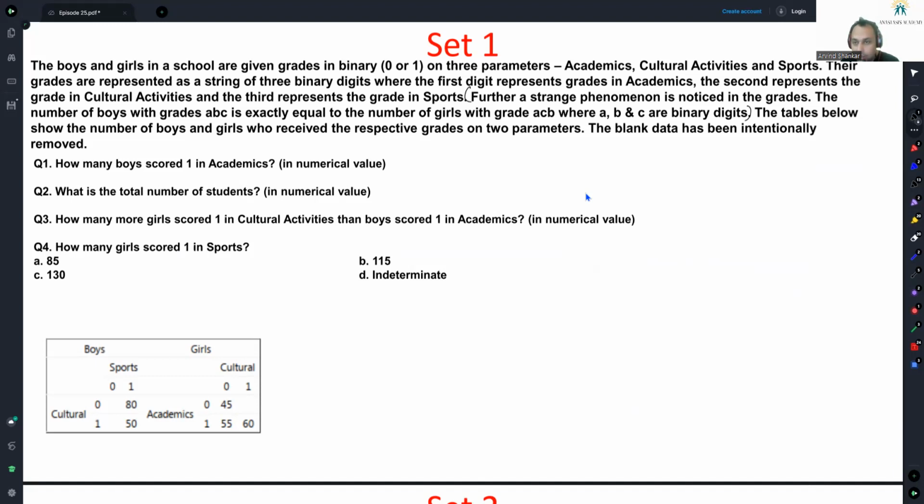Let's say we were looking at academic, cultural, and sports for boys, and academic, cultural, and sports for girls. I'm also going ahead and making lines so that it is more visually appealing.